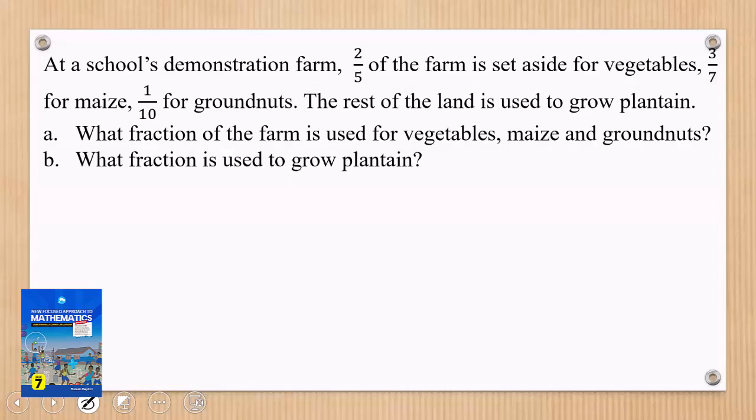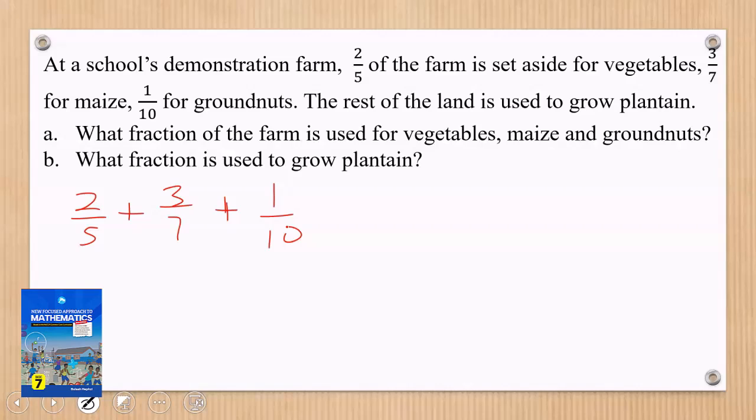What fraction of the farm is used to grow vegetables? The vegetables gave us 2/5. Then we are going to add, because we want to look at the part of the land that is used for vegetables, maize, and groundnuts. So we add the vegetable part, which is 2/5, then 3/7, and then 1/10.